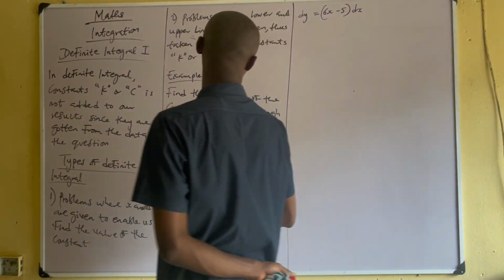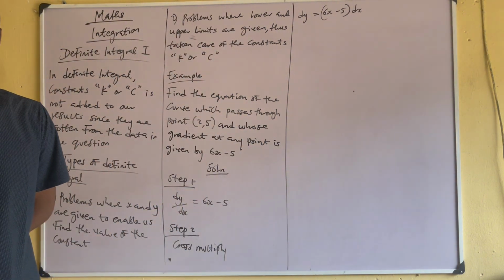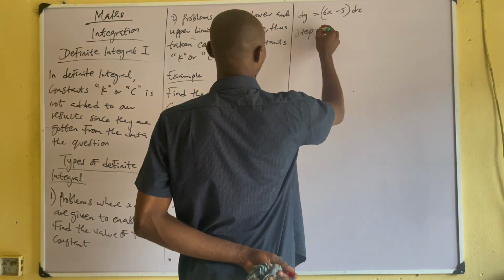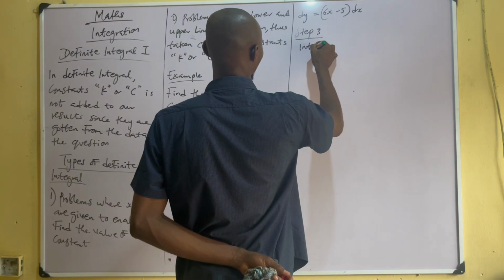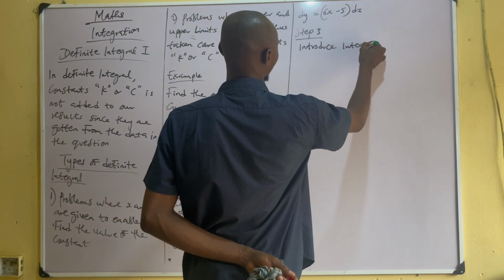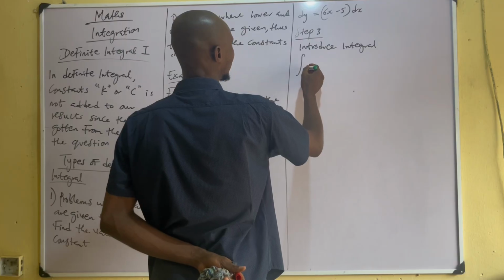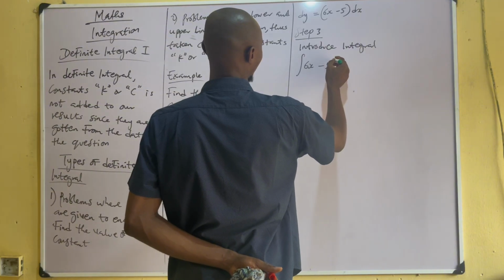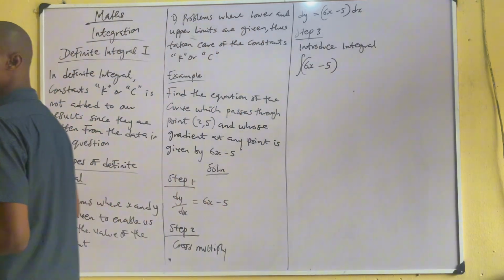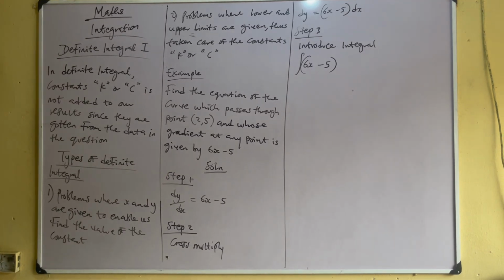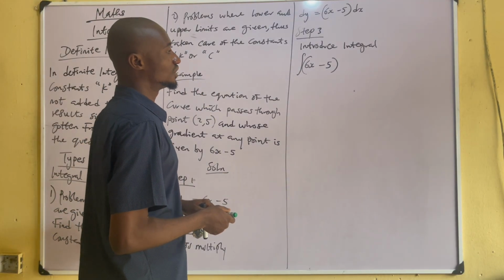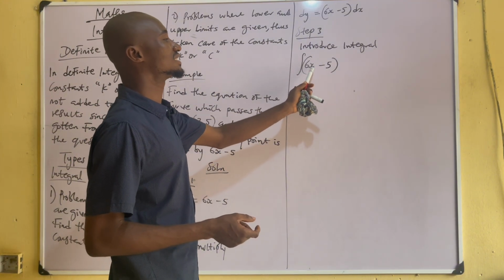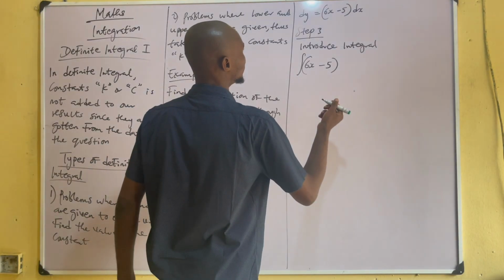Step 3: you introduce integral. When you do that, you now have integral dy equals integral (6x minus 5) dx.